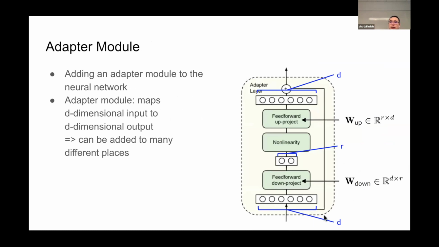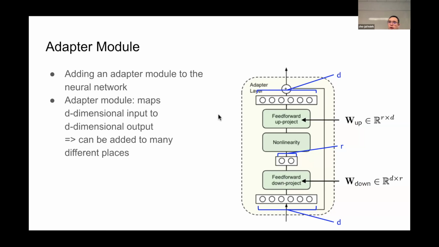So if the input is a d-dimensional vector, the output should also be a d-dimensional vector. You can insert this adapter into any layer in your neural network because it won't change the dimension, adding some trainable parameters. Then you only train the parameters in this adapter instead of the full neural network.